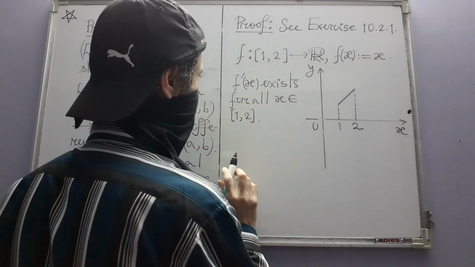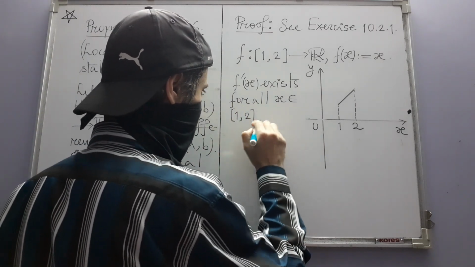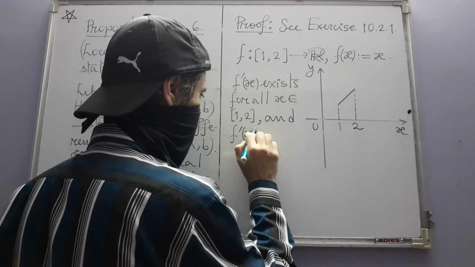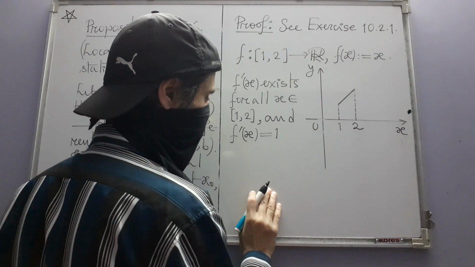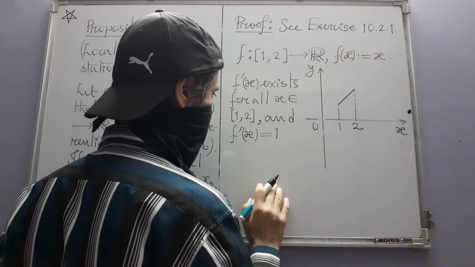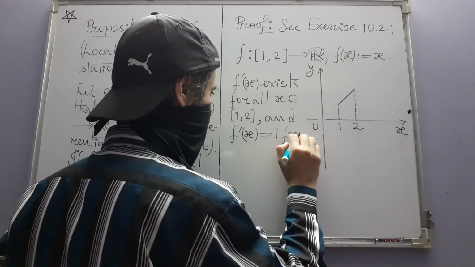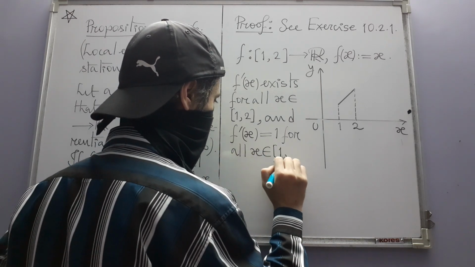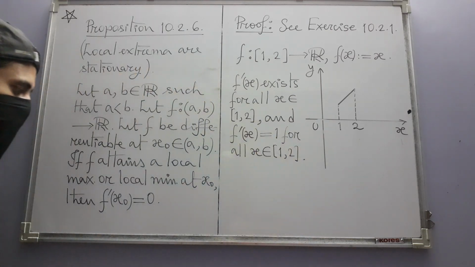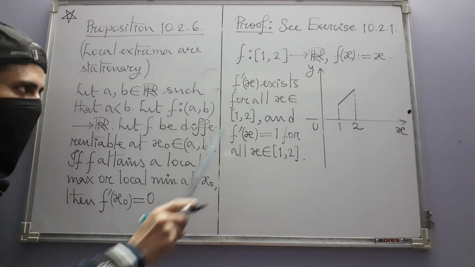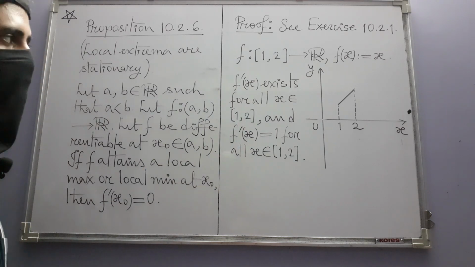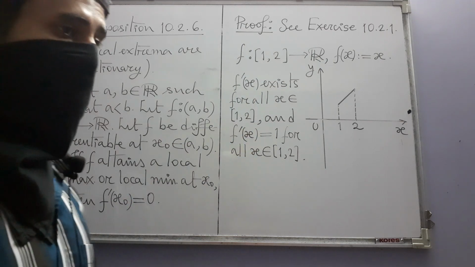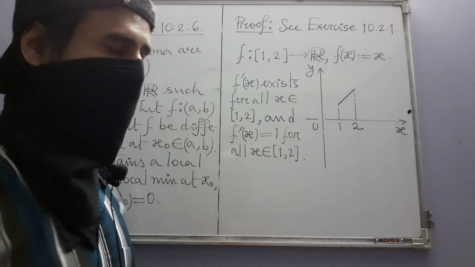Okay, so this exists for all x, and in fact this is equal to 1 because after all it's just the identity function. So you see that this conclusion is not true in this case, and that has happened because we have allowed a closed interval instead of an open interval.